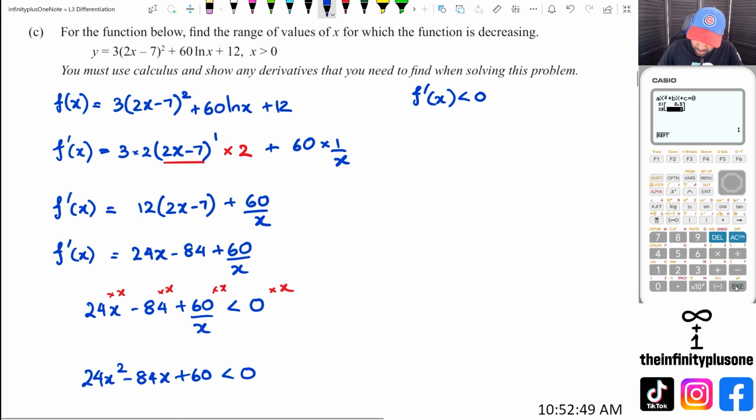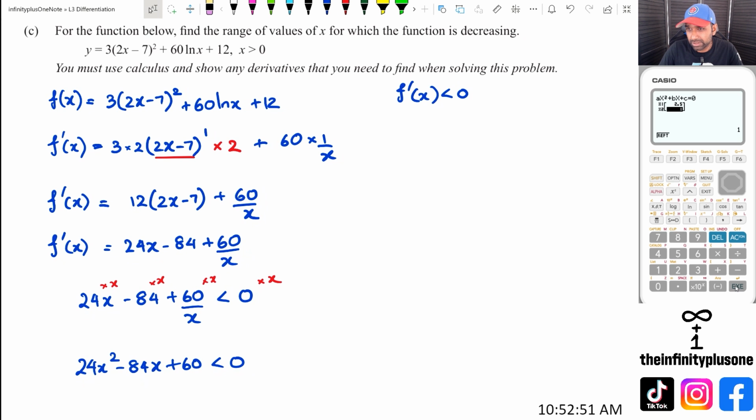So remember this, and I think I did this in the last level 2 and level 1 as well. So what you do is, if you look at this particular value here, this is 24x squared. So this is going to be a positive parabola. The next thing we are going to do is find what the two roots are. And in this case, we've got it from the calculator, which happens to be 1 and 2.5.